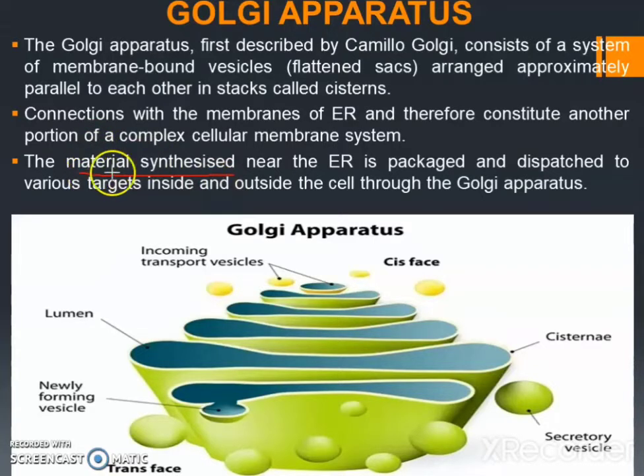So the materials which are synthesized near the endoplasmic reticulum are packed and dispatched to various targets inside and outside of the cell through the Golgi apparatus. So what is the function of this Golgi apparatus? Suppose this is an endoplasmic reticulum and it is connected to the Golgi apparatus.